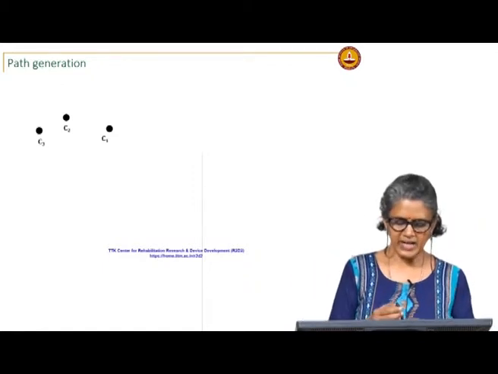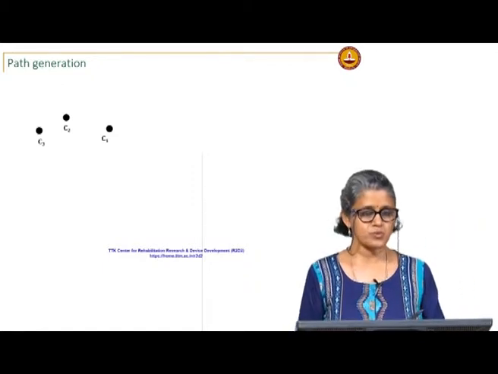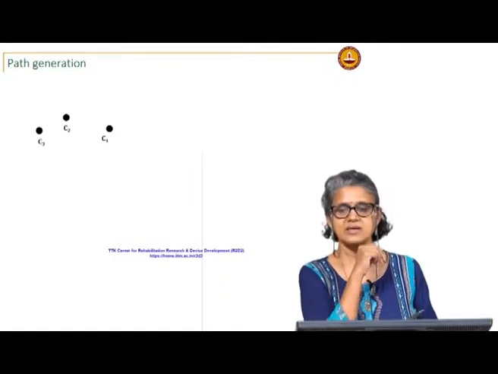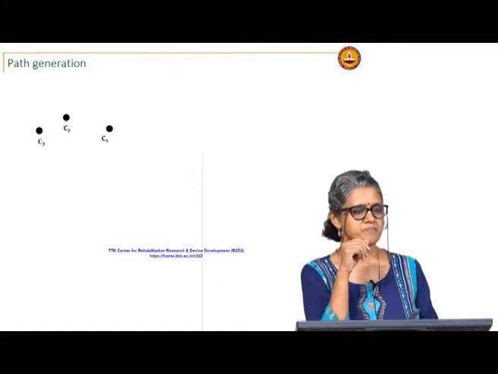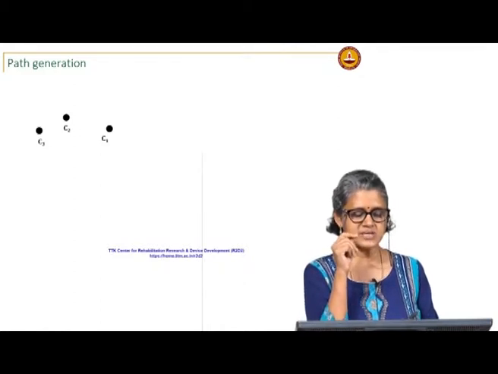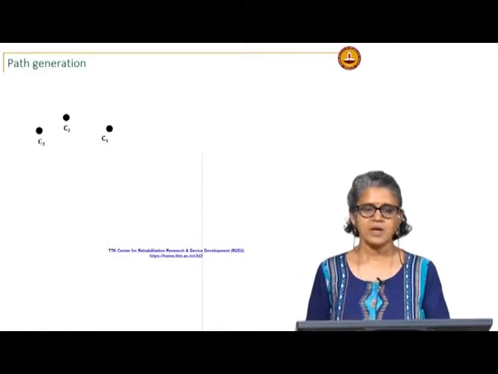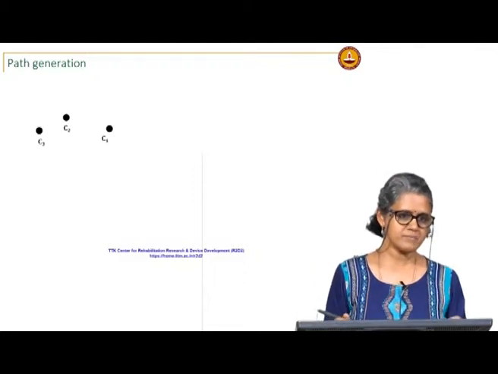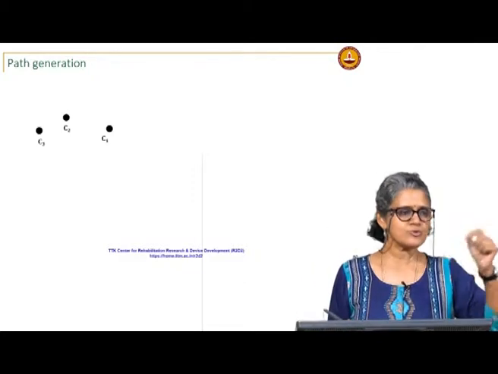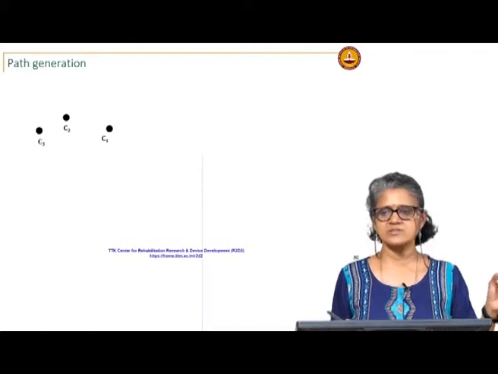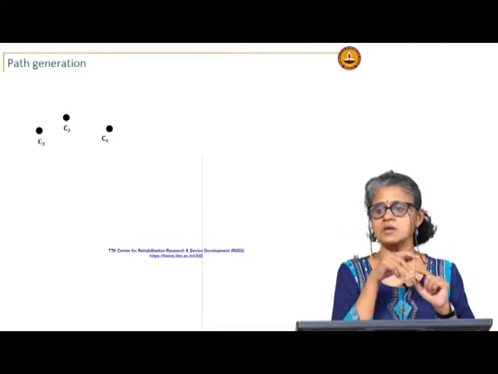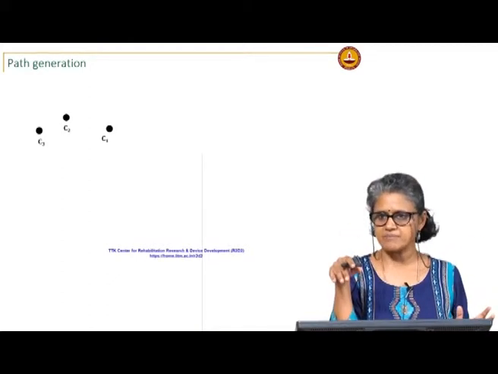Now, the third class of mechanisms would be your path generation mechanisms. Usually when we look at path generation, we are looking at a point on the coupler moving through certain points. So, now you are not worried about the orientation of the coupler.